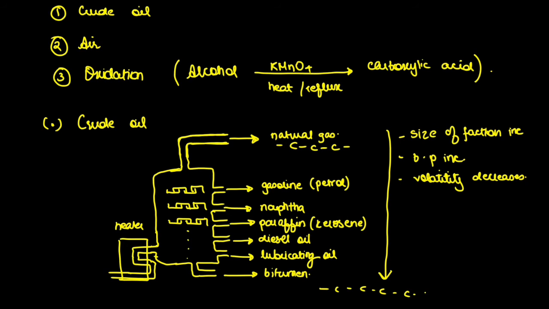So the vapors are condensed and fractions are collected at different levels of the fractionating column, and you need to also mention that boiling point increases down the fractionating column. This is just a special type of fractionating column, but the mechanism remains the same in any type of fractional distillation.